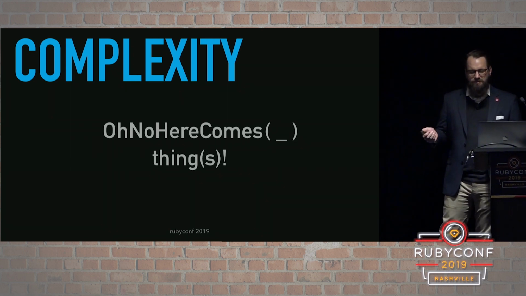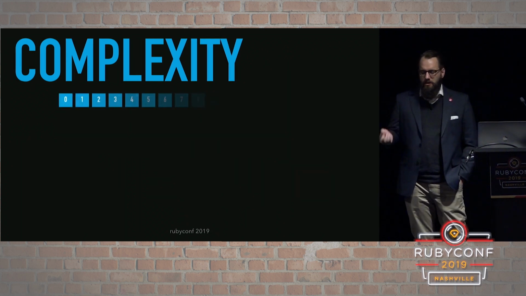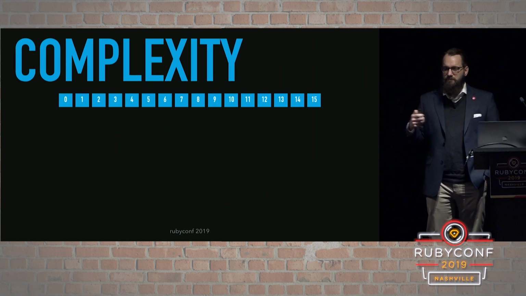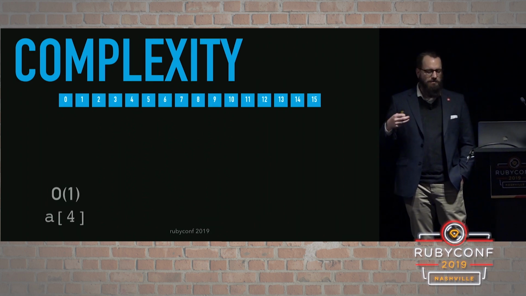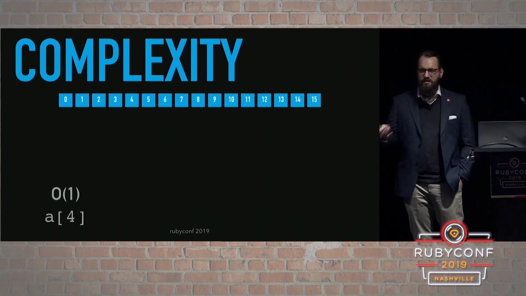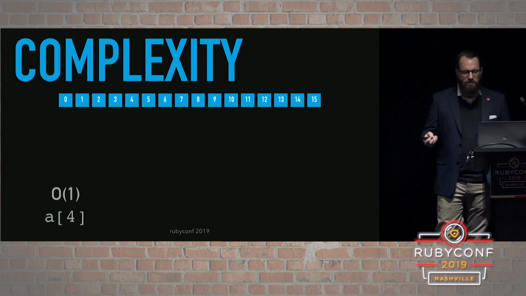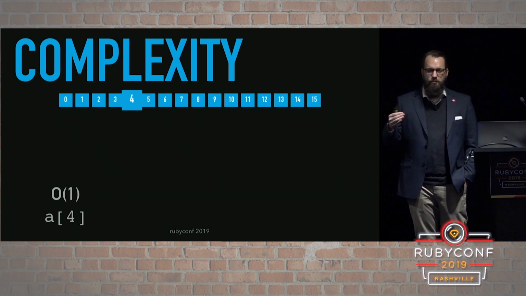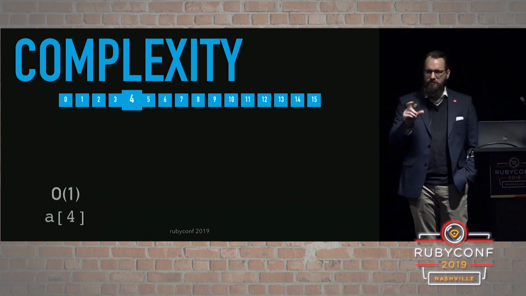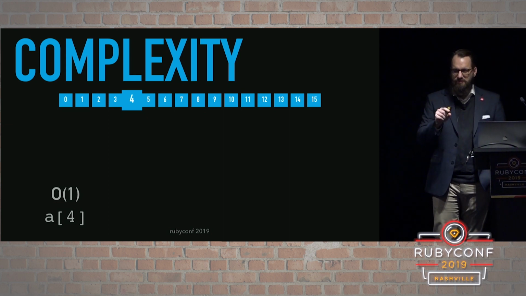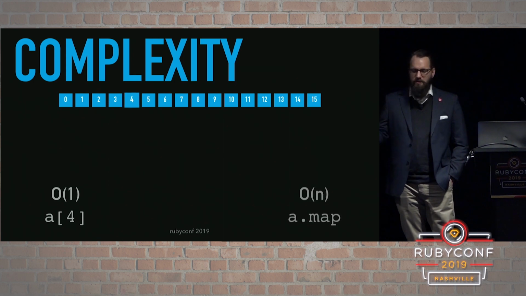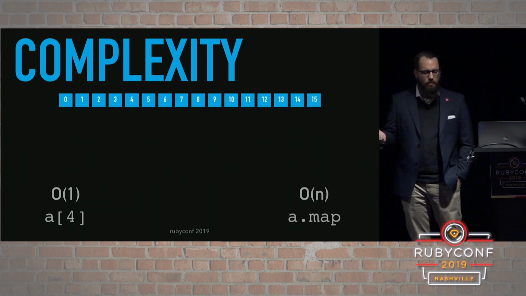And so what this means is that if we have a collection of items and we want to do something very quickly, we might be able to do it in O of 1, so constant time. And so in Ruby, if we just address the fourth thing, we can, under the covers, one would assume that it just does some pointer math and then grabs the thing, and it doesn't have to traverse its way to the fourth thing. On the other end of the spectrum, you have O of n.